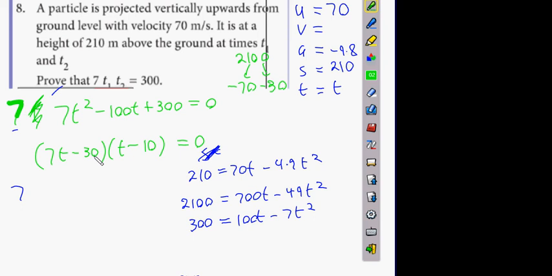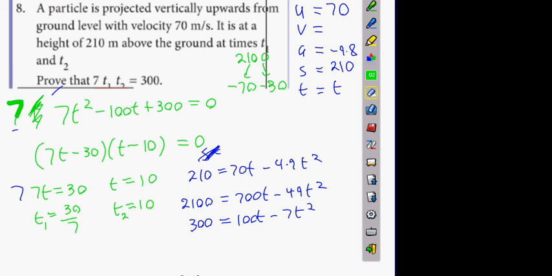So guys, what we're going to get next is 7t equals 30, t equals 10. So t equals 30 over 7, and t equals 10 still. That's t1 because it's the smaller amount, that's t2 because it's the larger amount.